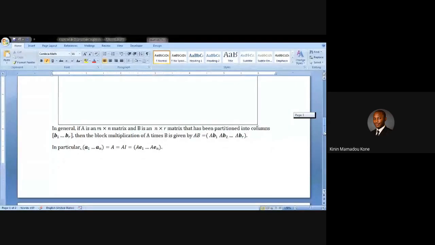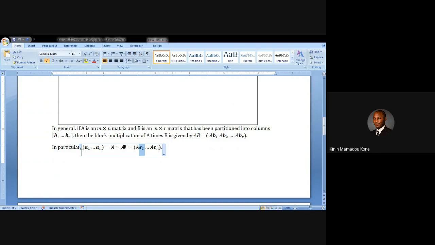Okay, so in general, if A is an M by N matrix and B is an N by R matrix that has been partitioned into columns B1 dot dot dot BR, then the block multiplication of A times B is given by A times B1, A times B2 dot dot dot A times BR. In particular, A times the identity matrix equals the matrix A. Remember, the first column of the identity matrix is called E sub 1, E sub 2 is the second column of the identity matrix.